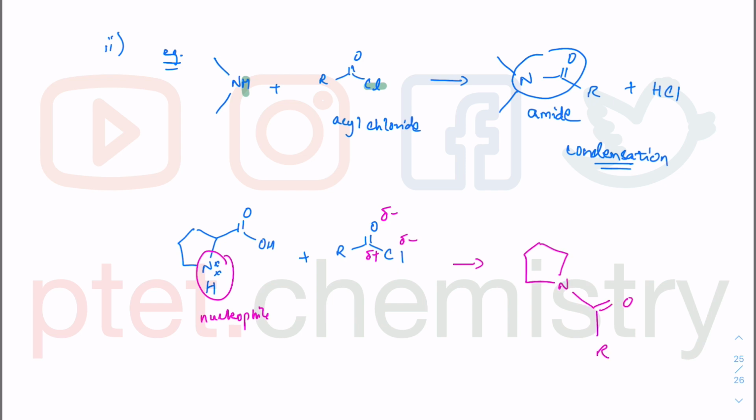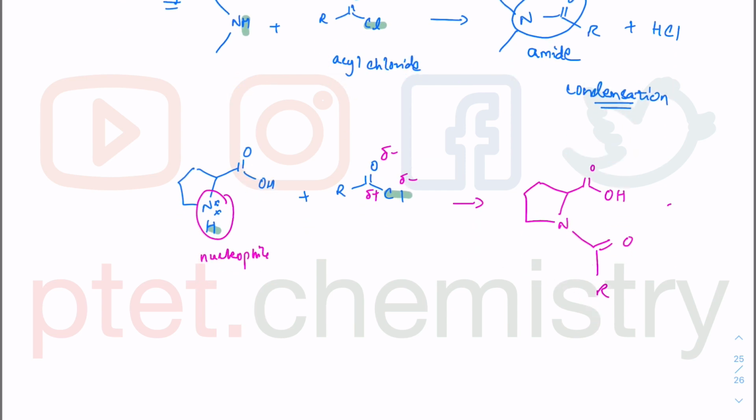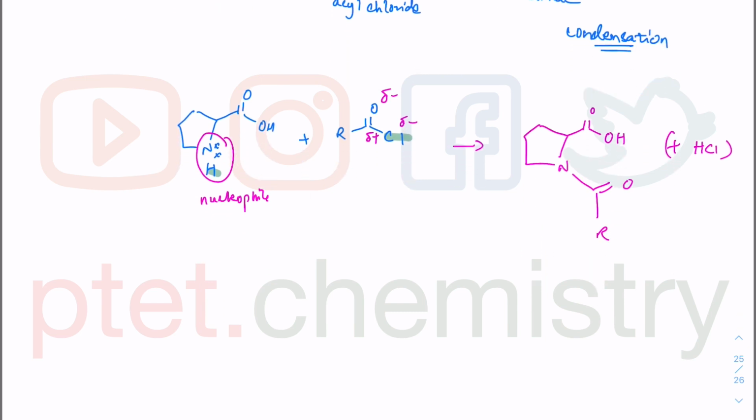So this will be R, and what happens then is you will get the carboxylic acid remaining, and you will have kicked out the H and the Cl. So if I just say like this and like this, that means you will get HCl as your other product. But they say they just want R, so we don't care so much about the HCl.